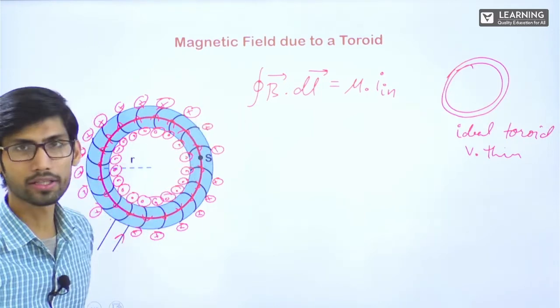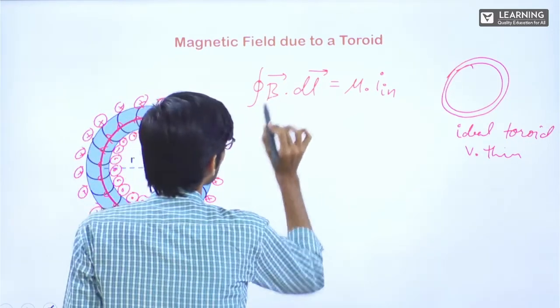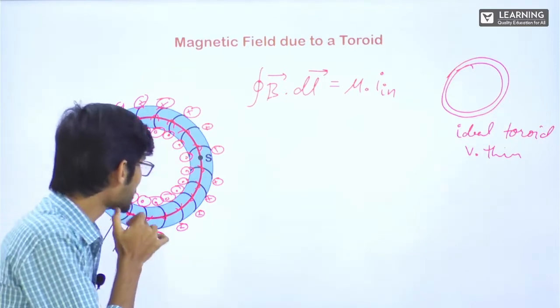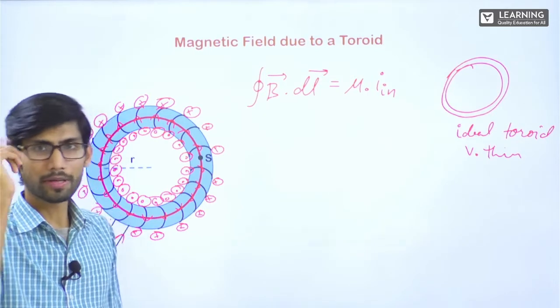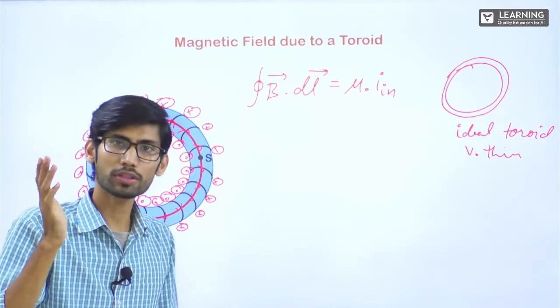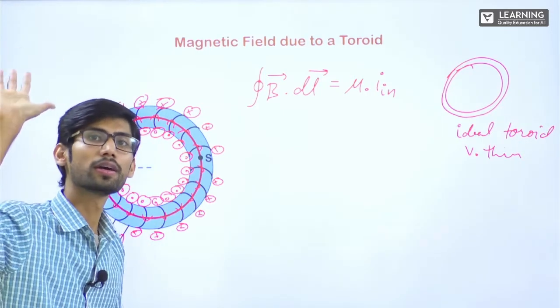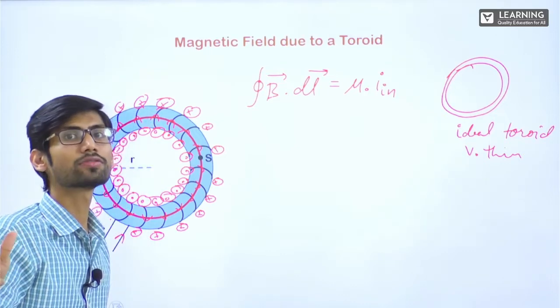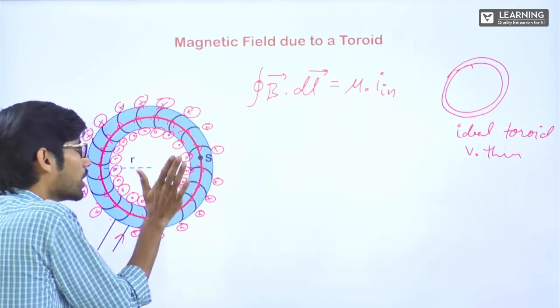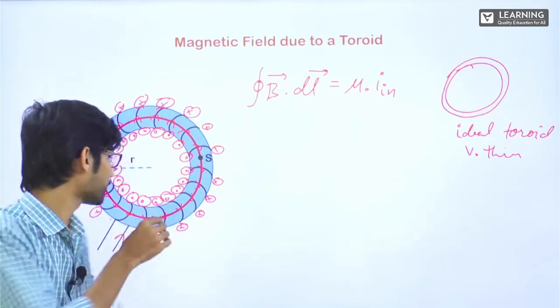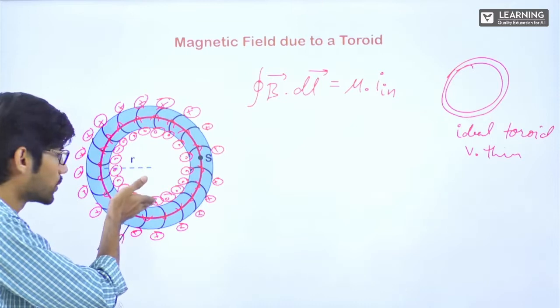Now, direction of magnetic field we have to see. Current is coming out. If you remember Biot-Savart's law again, keep your fingers in the direction of current, curl it, then the direction of thumb gives you the direction of magnetic field, correct? So now, current is coming out. Let's say I am seeing this down current.